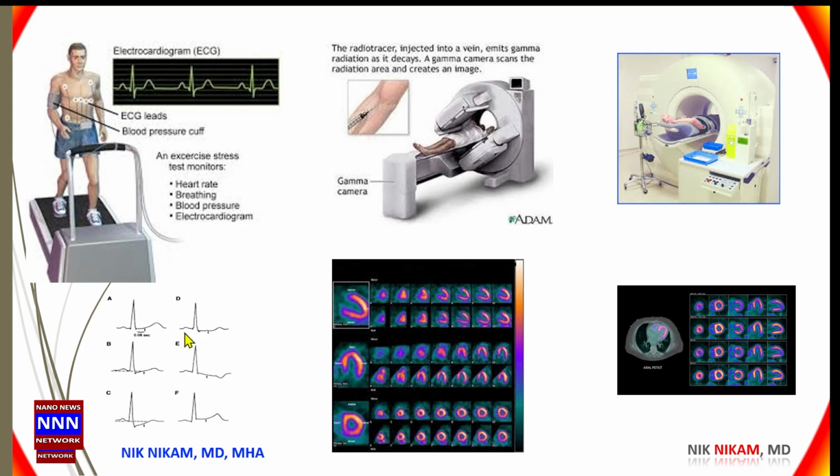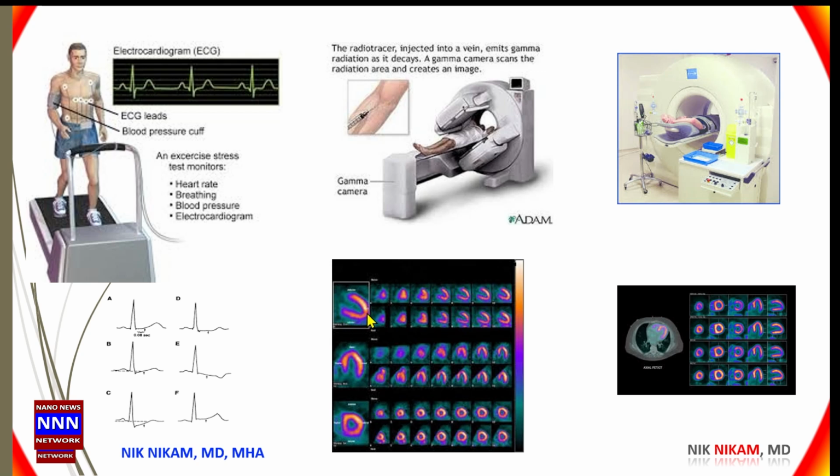So let us dive a little deeper and understand what are the major differences among these three tests. The stress test basically looks at the electrocardiographic changes, especially the ST segment, to see if it's down, and this is an abnormal response to an exercise test. Whereas the nuclear scan looks at the myocardial blood circulation.